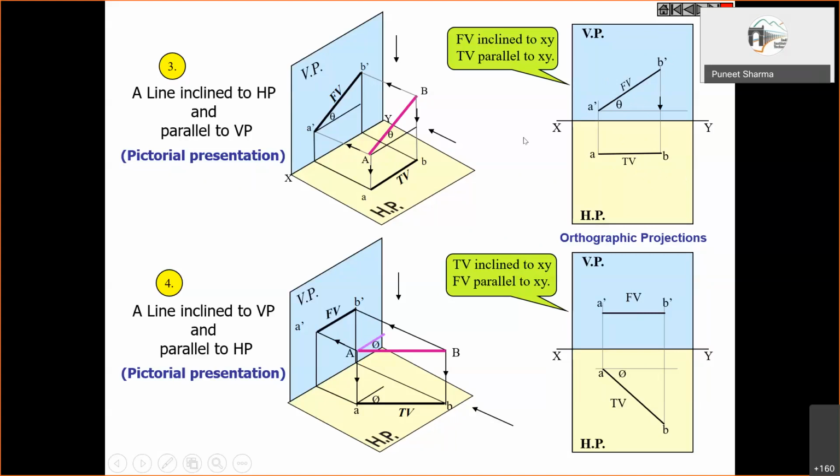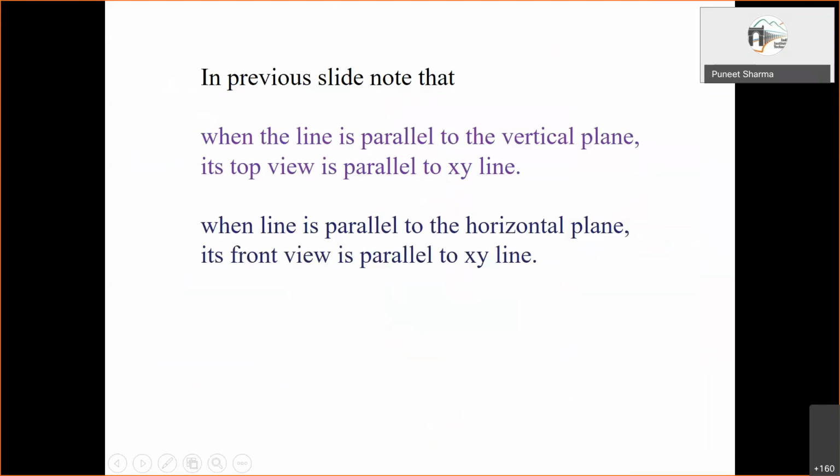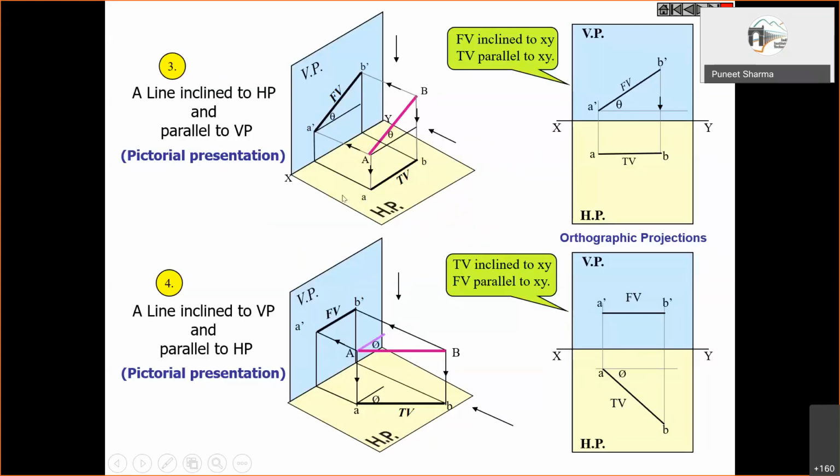Now next, what I was mentioning apart from this is, say we keep this theta the same, the location of this capital A the same, and then we move B. Then suppose I move this B and consider what happens to the front view.